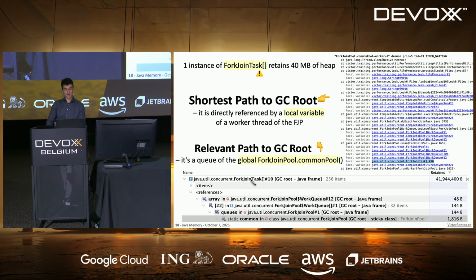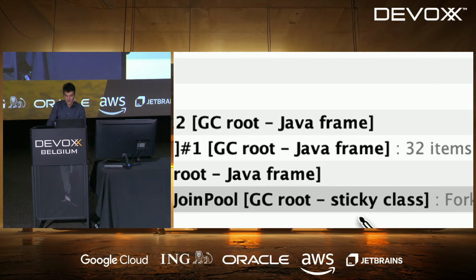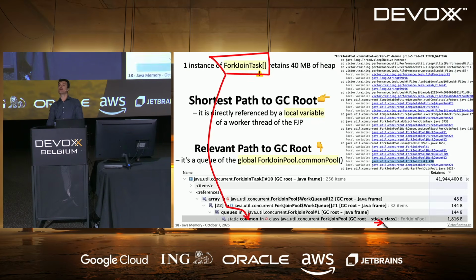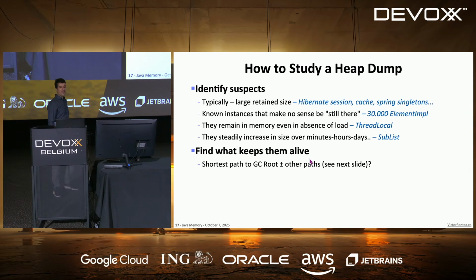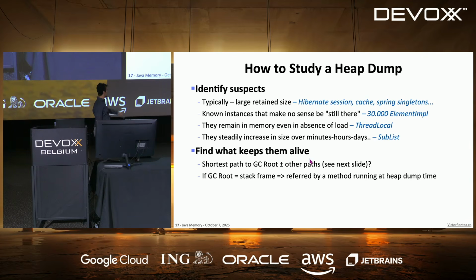A better route is to see that this array is one of the queues of the common pool of this sticky icky class. You remember the song? Never mind. Why am I rapping? Anyway, find what keeps them alive, we discussed, GC root.